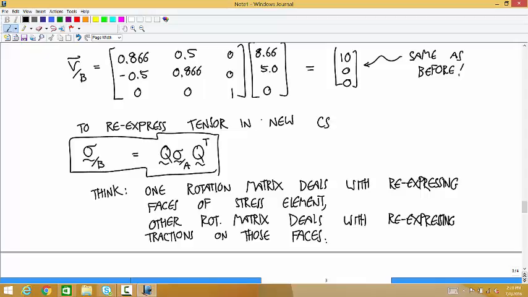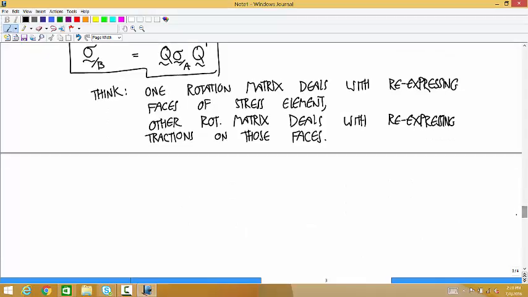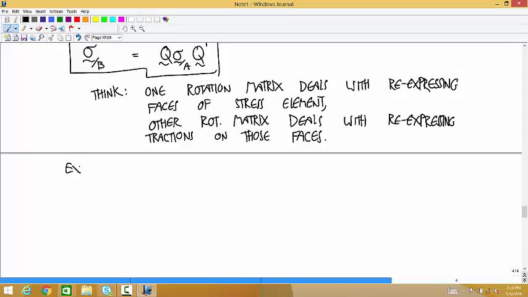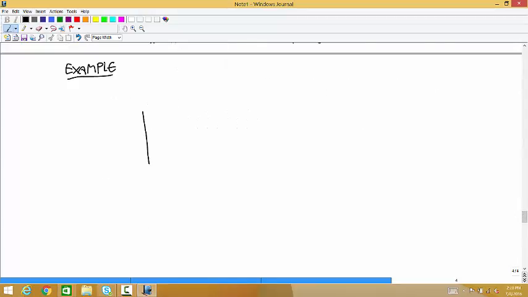All right, so let's do an example with a stress tensor. So let's say this is our stress element.